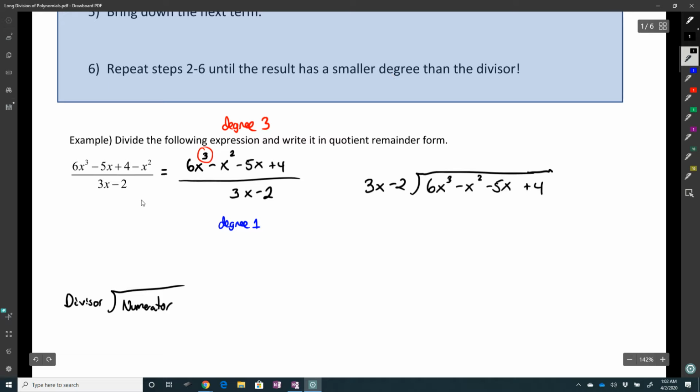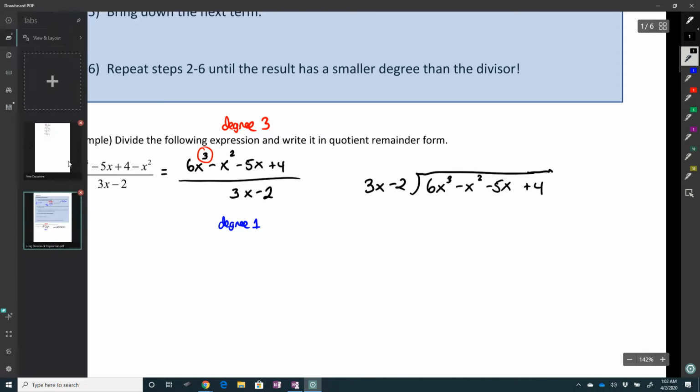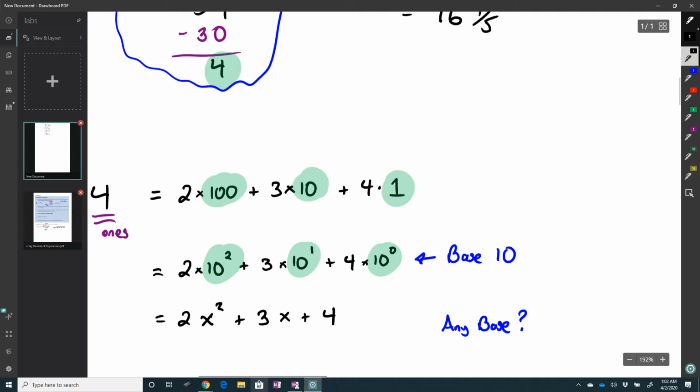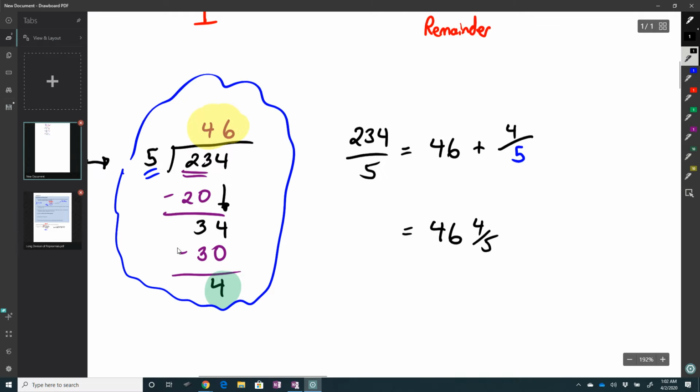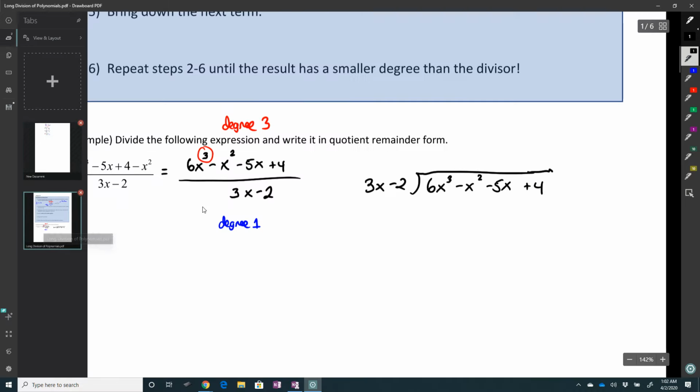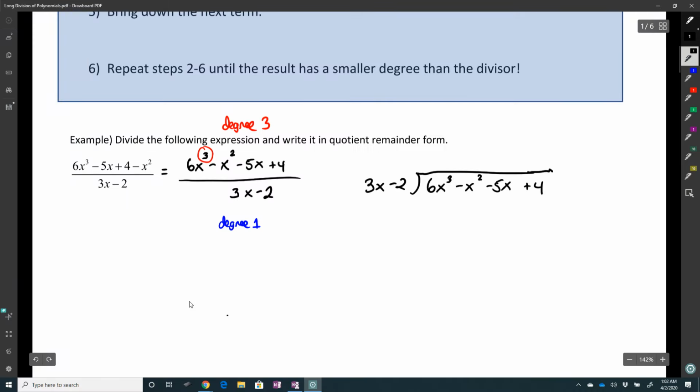And just for illustrative purposes, I'm going to also do this problem on the side, the 234 over 5, and I want you to see the parallels between the two problems.